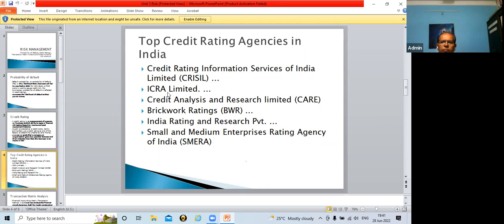Now, whenever credit rating agencies assess a company, they charge the company for that assessment. The company will have to pay commission to this organization. So on the basis of commission, they perform their job. These are authorized companies.